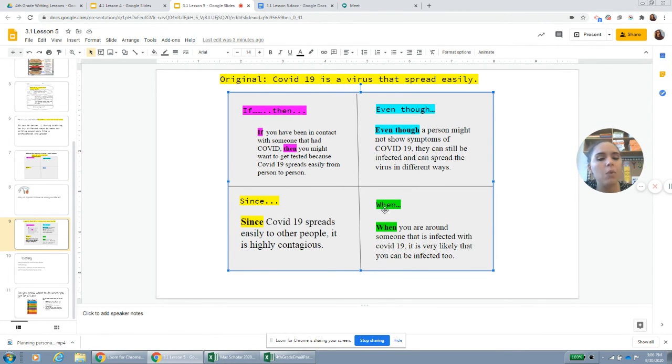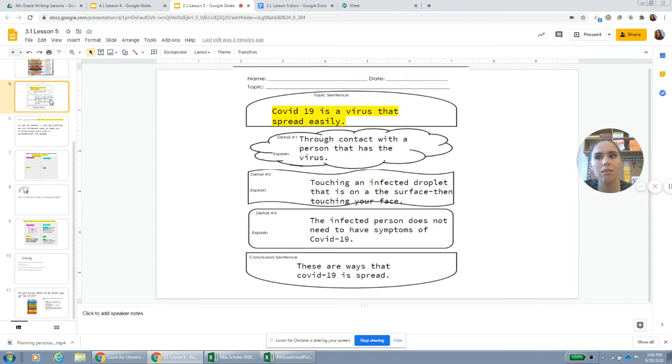Finally, I tried starting with the word when. So I said, when you are around someone that is infected with COVID-19, it is very likely that you can be infected too. Again, I'm saying the same thing because now I'm going to say why, because it spreads easily. And I'm going to go back and share on another day. I'm going to go back and write all my details.